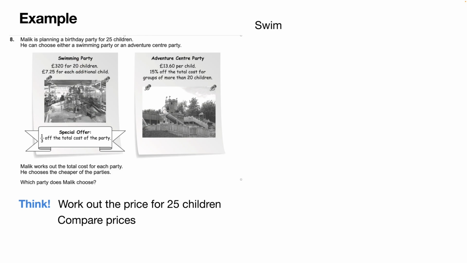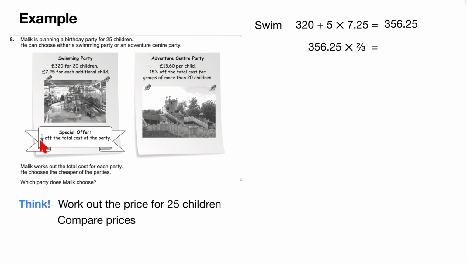Okay, the swimming party. 320 for 20 children. Well, I've got 25, so that leaves another 5. So it's 320 plus 5 times 7.25, 356.25. You'll be pleased to know this is a calculator question. Oh, I'd forgotten about my special offer.